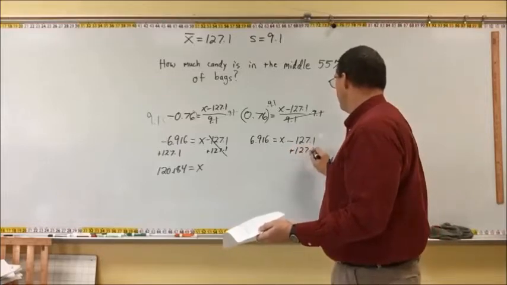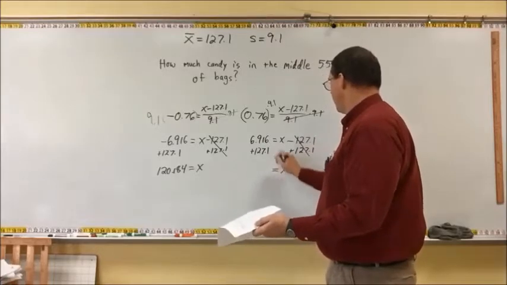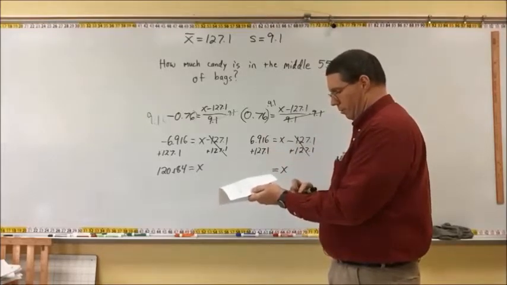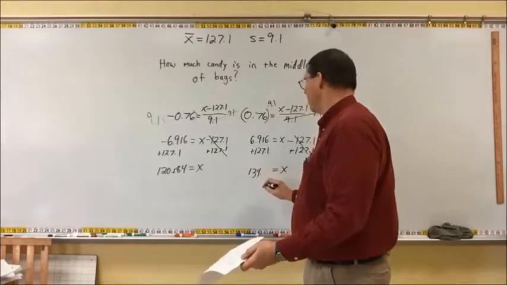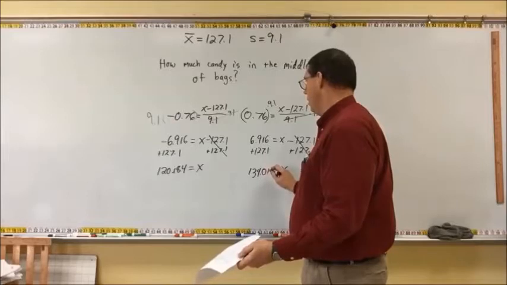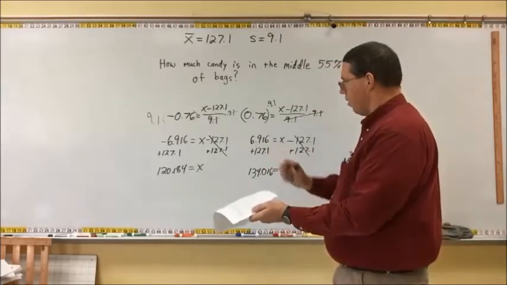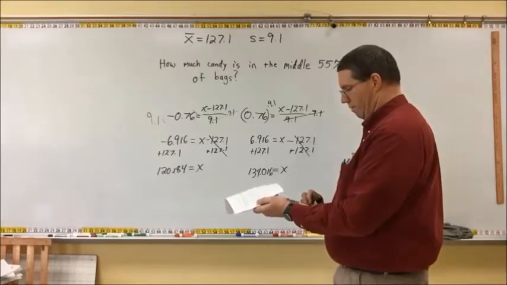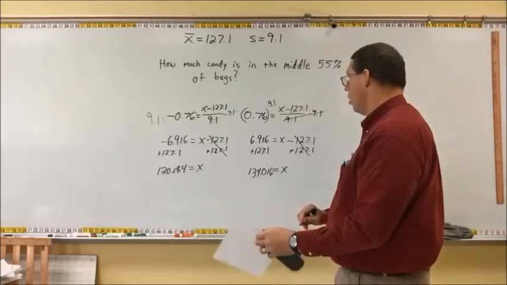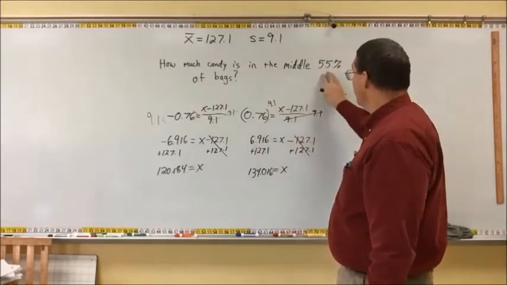Now we're going to add 127.1 to both sides, cancel over here, and x is equal to 134.016. Okay? I feel like I did something wrong over here. Negative 6.916 plus 127.1. Nope, that's correct. I got it right. Okay, so now what we can say, how much candy is in the middle 55%?